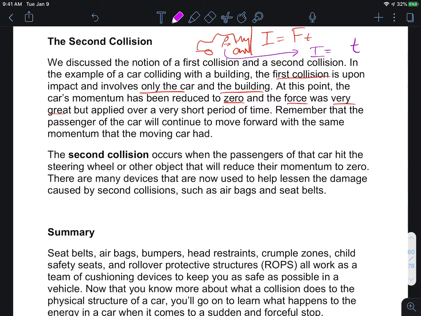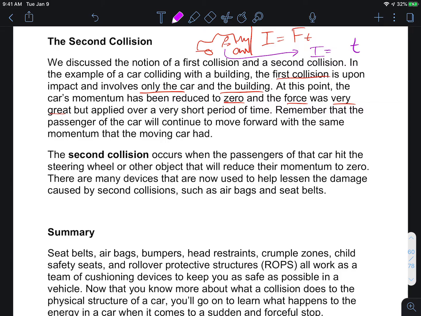If the seatbelt has some give to it, then you'll stay in contact with the seatbelt as it starts to put force on you to slow you down, but you'll stay in contact with it for a longer period of time as it slowly tightens up. Slowly in this case, in still milliseconds or maybe seconds, but it's better than the instantaneous collision.